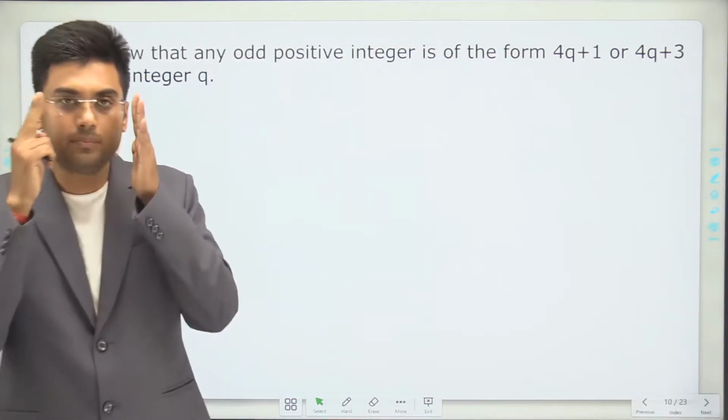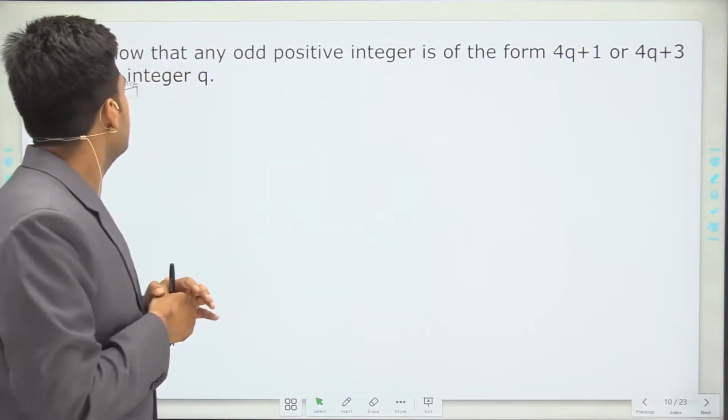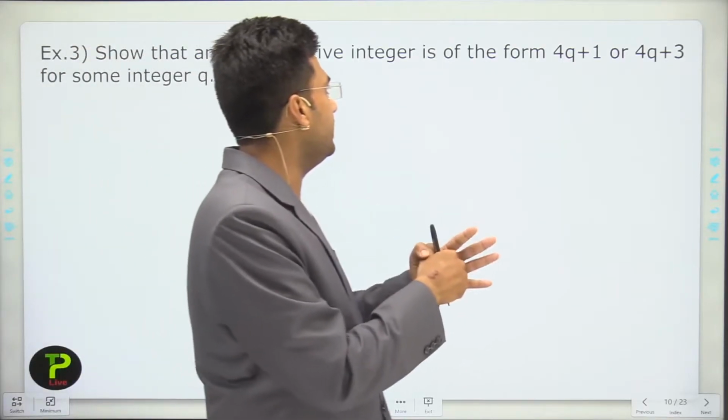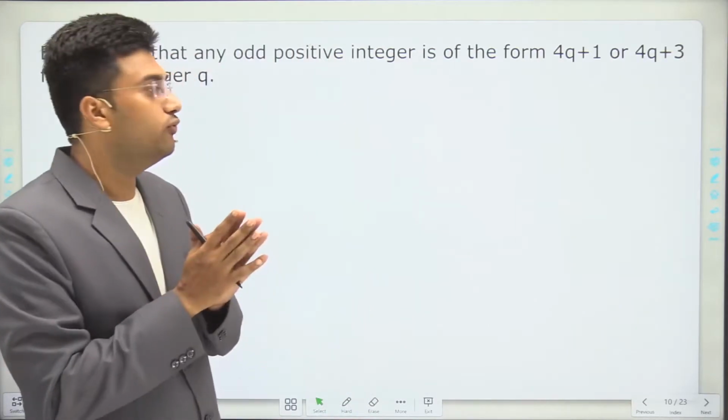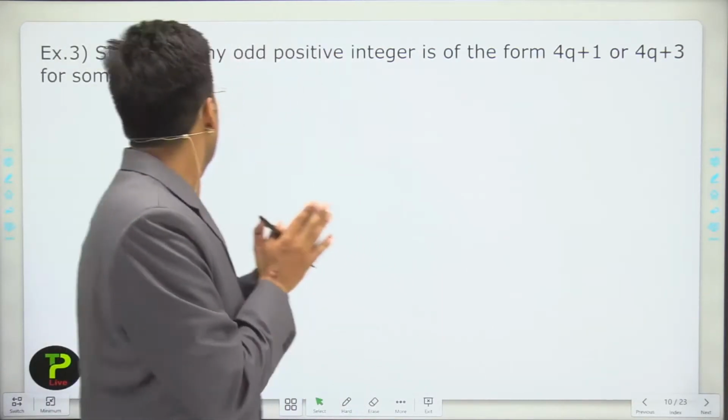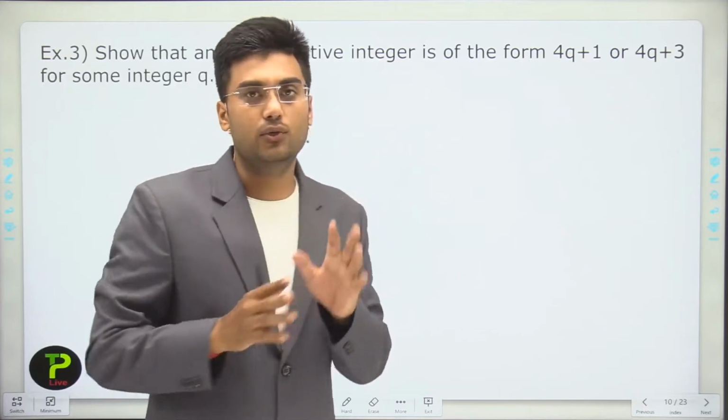So the next example is, show that any odd positive integer is in the form of 4q plus 1 or 4q plus 3 for some integer q.